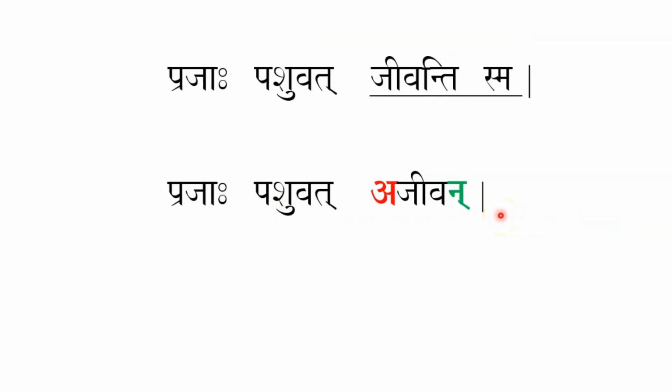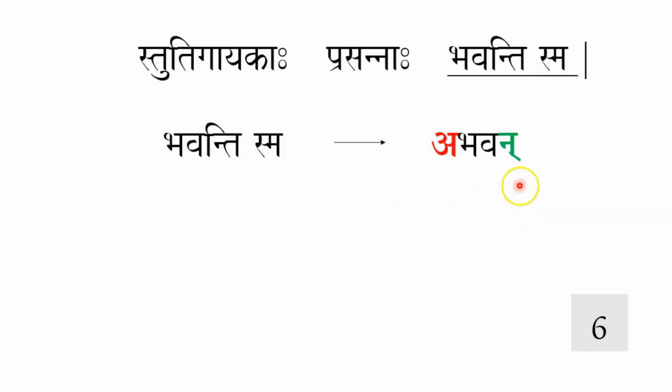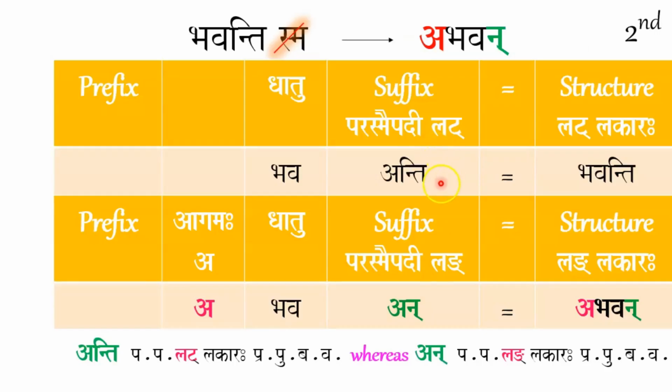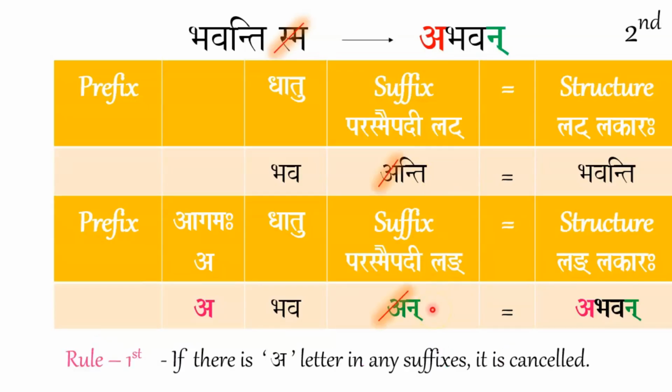Let's move on to our next example. Here, Bhavanti Sma becomes Abhavan. First, Sma Avyayam is cancelled. After that, the ending present suffix anti is replaced by an in past. And then, according to the first rule of suffix, the letter a is cancelled.